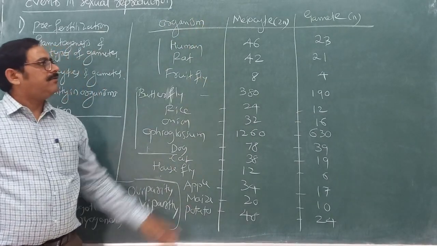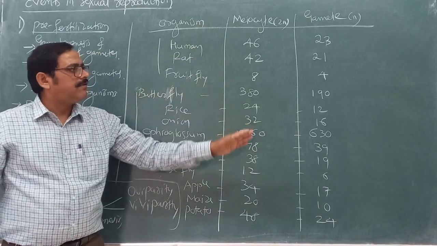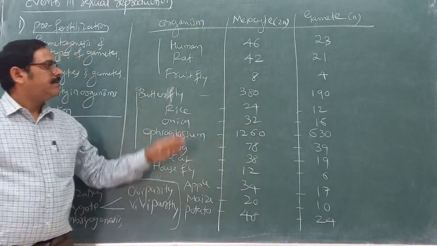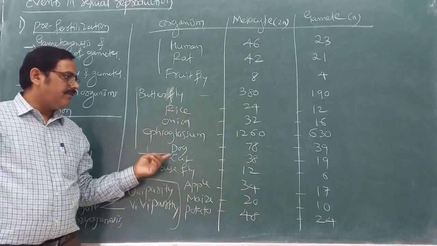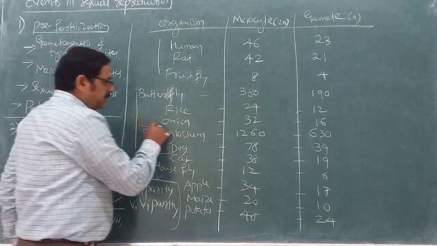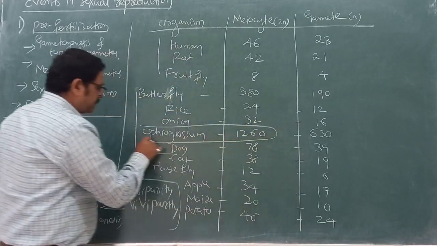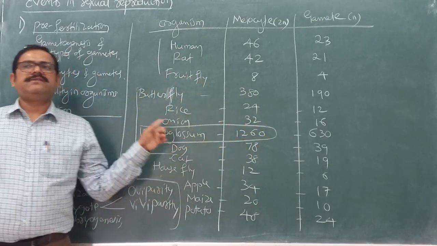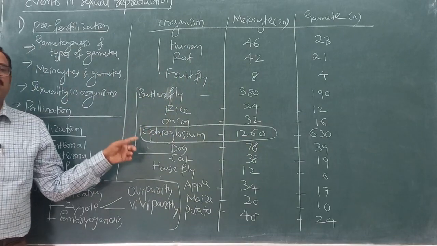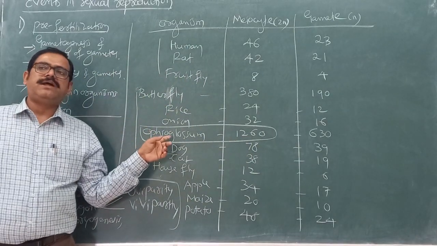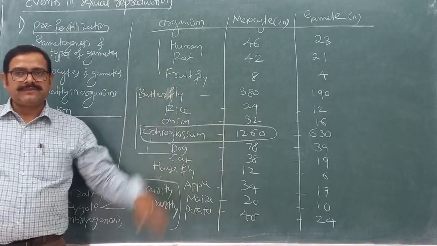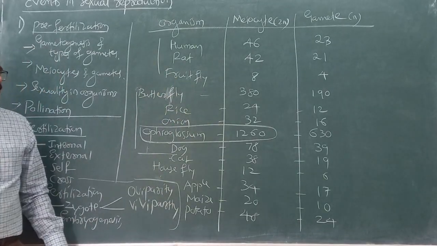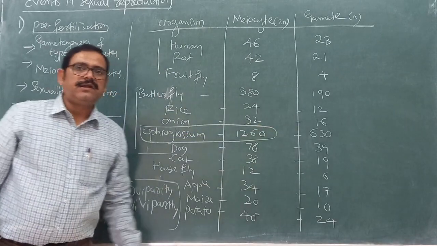Well, 42, 21; fruit fly 8, 4; butterfly 380, 190; rice 24, 12; onion 32, 16; Ophioglossum. This is the one which has the highest number of chromosomes. Which eukaryote has the highest number of chromosomes? That is Ophioglossum, the plant, with 1260 chromosomes, and its haploid number is 630.